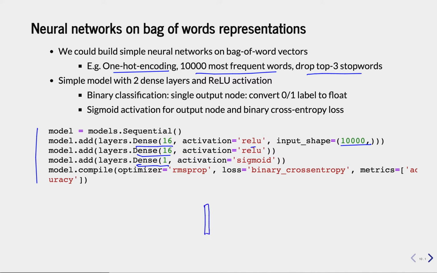So we have an input layer of 10,000 possible values, zeros and ones typically. Then we have a layer of 16, another dense layer of 16, and our output layer only has one output, which then, of course, has to be one if it's positive and zero if it's negative.